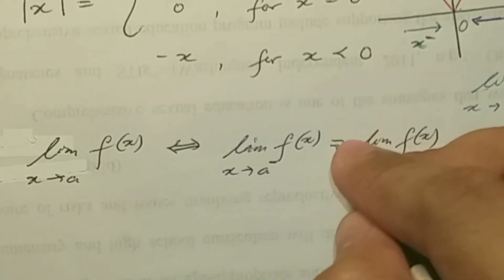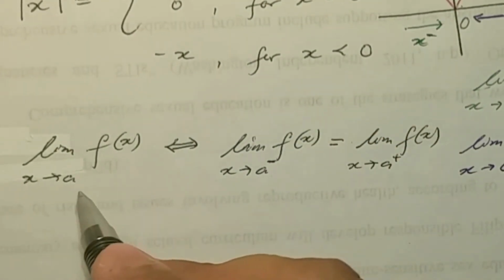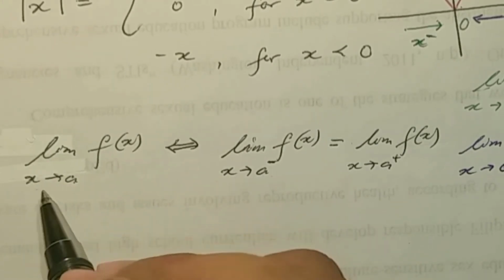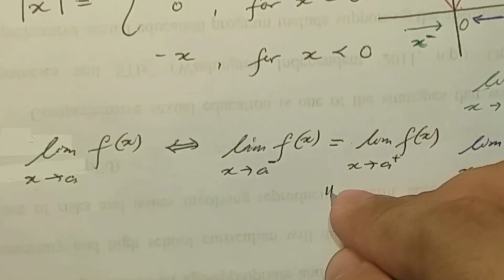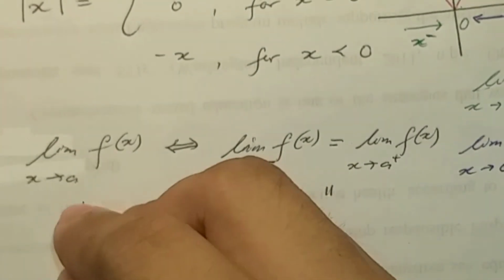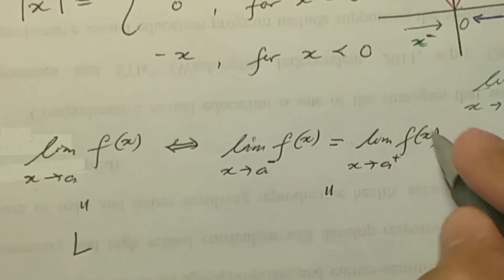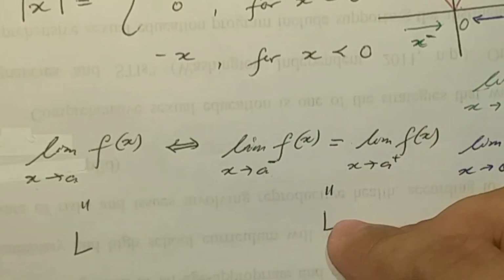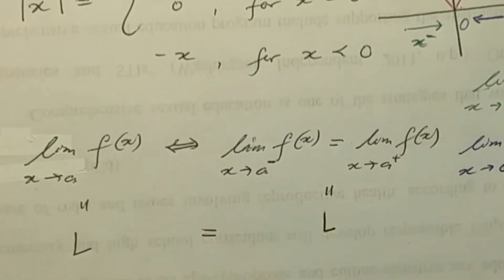And if they are equal, we can say that the limit of f of x as x approaches a exists, and it is equal to L. Let's say this value is L, so they are equal.